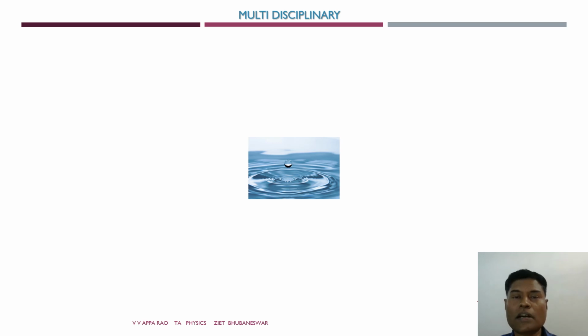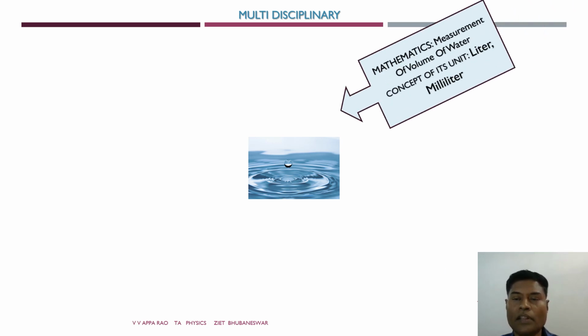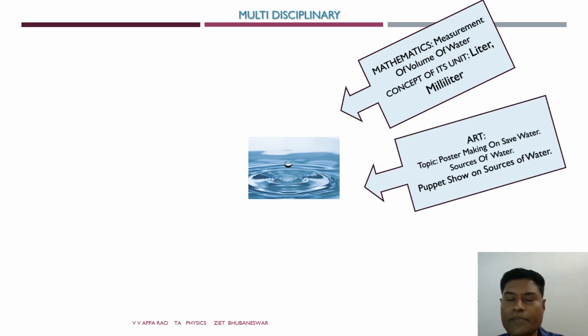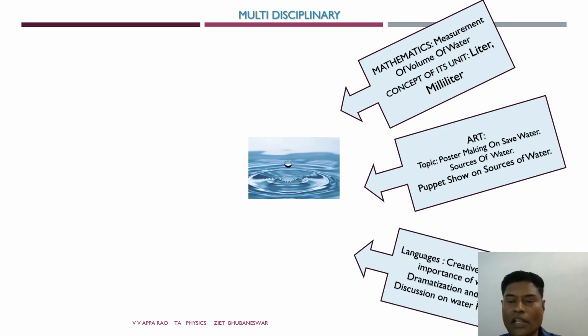So, an example we'll see here. Suppose the common theme is water. In mathematics, the measurement of volume of water and its units in liters and milliliters. Whereas in the subject of art, poster making on seawater and sources of water, puppet show on sources of water. In languages, creative writing on the importance of water, dramatization and discussion of water pollution.